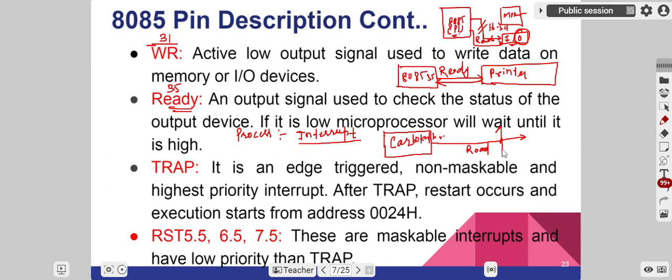Your eyes will provide a signal to your brain that you have to lower down the speed of your car to, for example, 20 kilometers per hour, so that you can easily drive your car, and the animal will easily be able to cross. So your brain is interrupting the speed of your car.